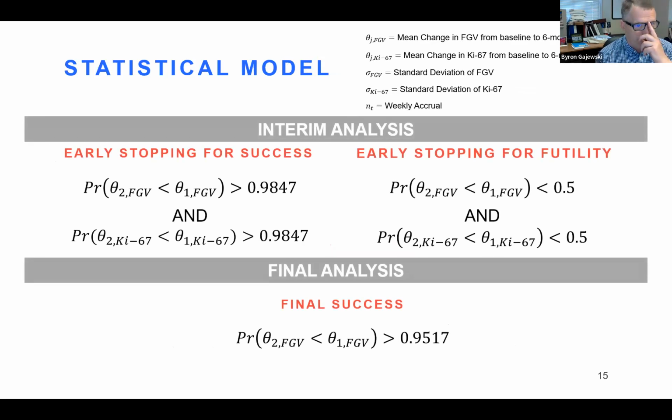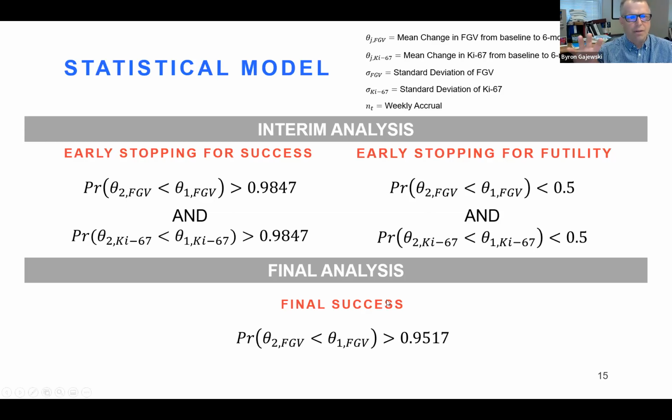So just to review, we have an early stopping for success, a very stringent rule, 0.9847 in both. If you want to translate that 0.9847 to look like a p-value, take 1 minus that, it would be a really, really small value. Early stopping for futility is if both of those FGV and Ki67 posterior probabilities are less than 0.5, and then the final success is less stringent, 0.9517.